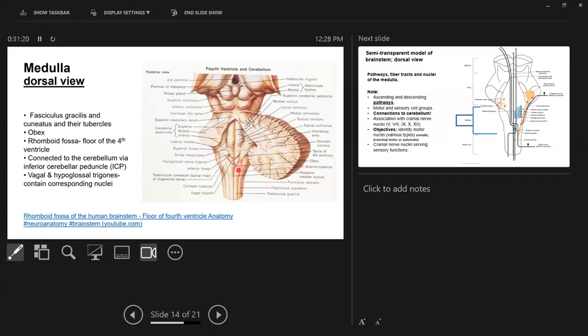So those are the gracile and the cuneate tubercles.